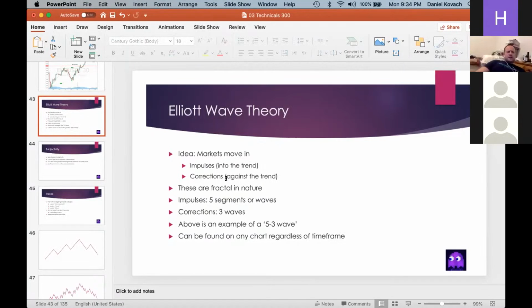So another tenet is that these are fractal in nature. Now, you see fractals all the time in trading. And if you remember what I told you guys before about why that happens, the fractal nature of finance is simply because price is related to itself in the past, right? If I have a stock and it's trading at $100, I'm probably not going to see it go to $5 unless something really bad happened. I'm probably also not going to see it go to like 300 unless it's Tilray, right?